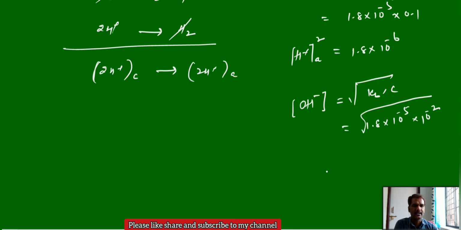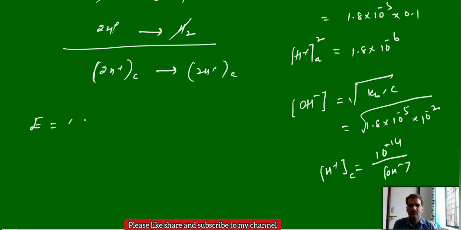If you know the OH minus concentration, we can calculate the H plus concentration: 10 power minus 14 divided by the OH minus concentration. This is the cathode. We have the anode concentration, and now the cathode concentration. You substitute these values in the next equation.